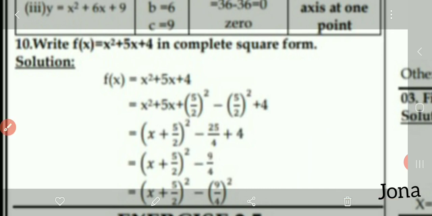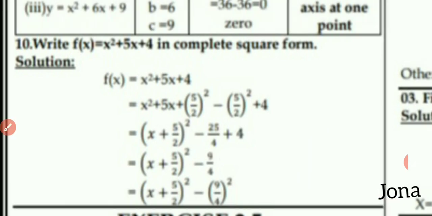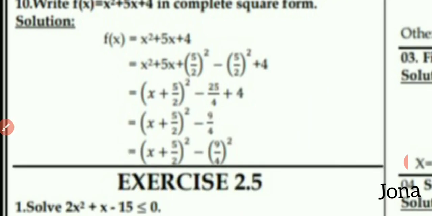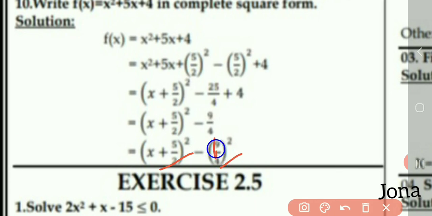And then this completion form is x plus 5 by 2 the whole square minus, here this is 3 by 2 the whole square. So this is a mistake here, so you have to correct it like this, 3 by 2 the whole square. Okay.